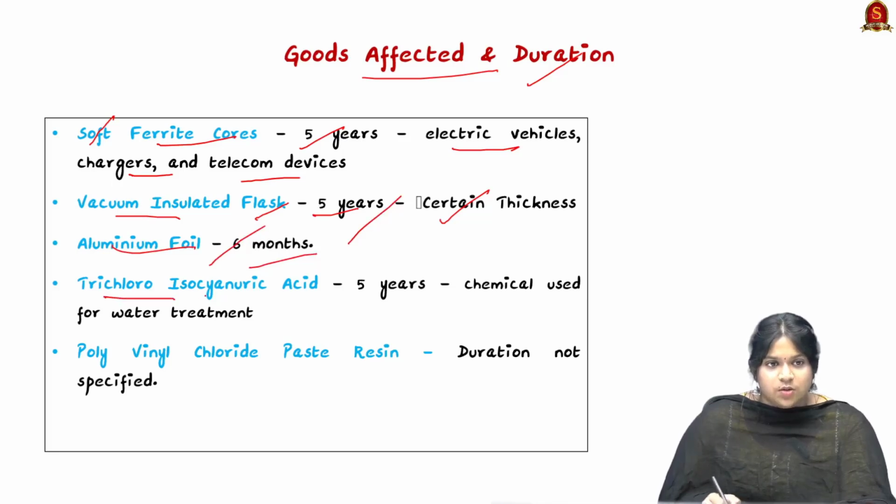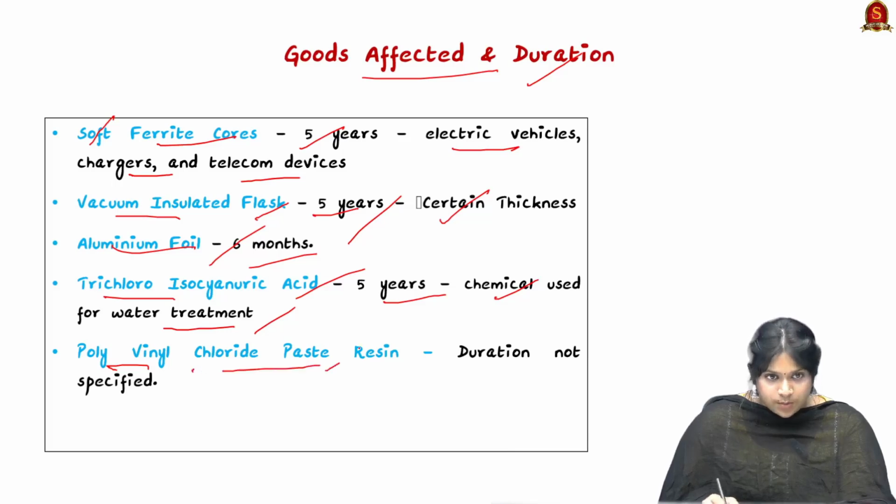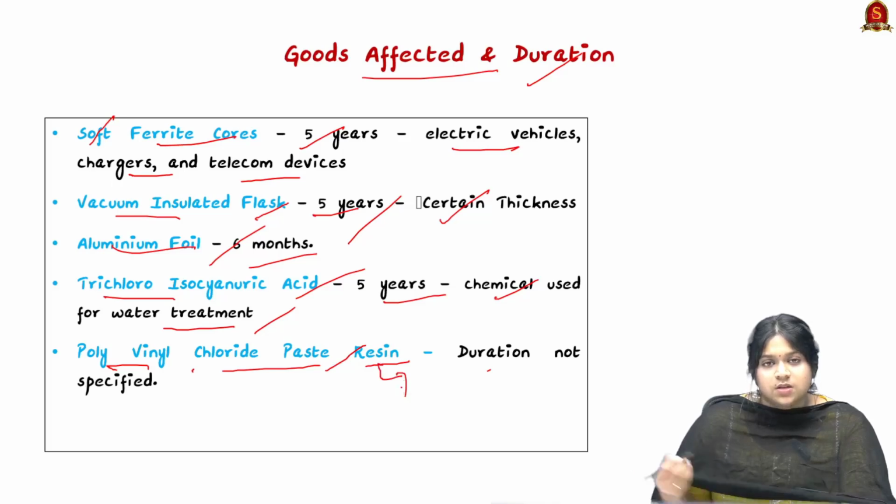Next is trichloro isocyanuric acid for 5 years, which is a chemical used for water treatment. And next is the polyvinyl chloride paste resin. Here the duration is not given, but we all know this resin is used for coating of walls, floors, and so on.